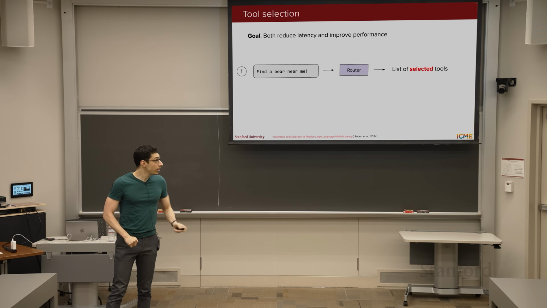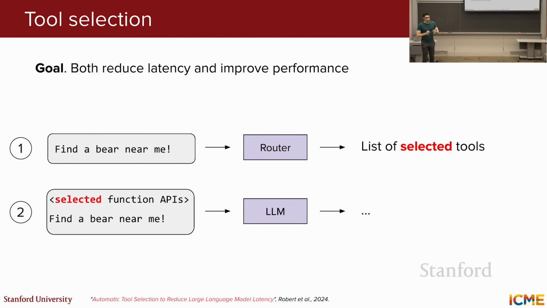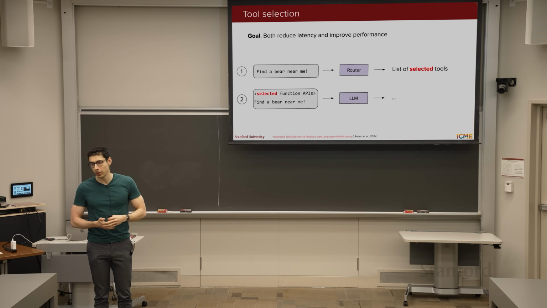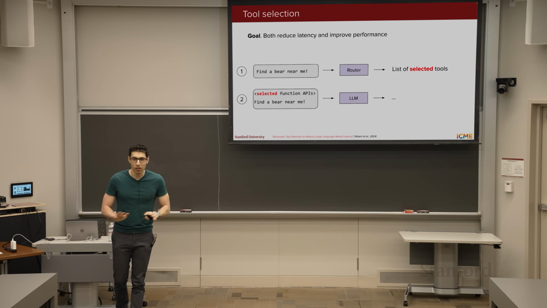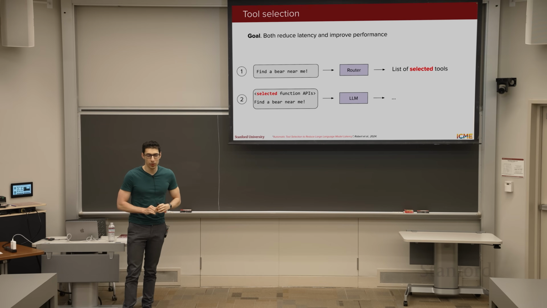And in a second stage, you take all the selected tool APIs and feed only those to the context alongside your query. This is one way you could overcome this issue of having too many tools at once. Is everyone convinced that tool selection could be a good way to fix the problem here?